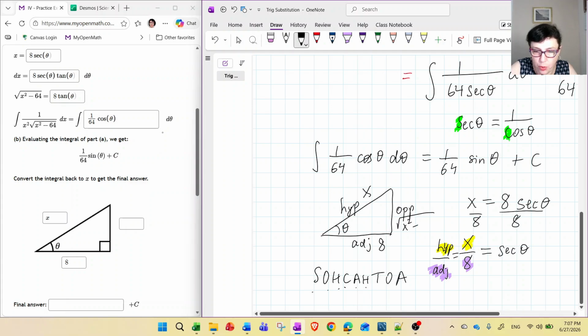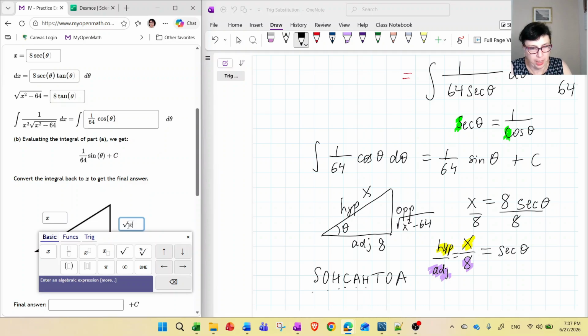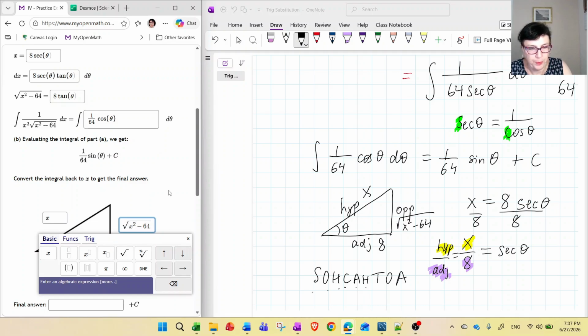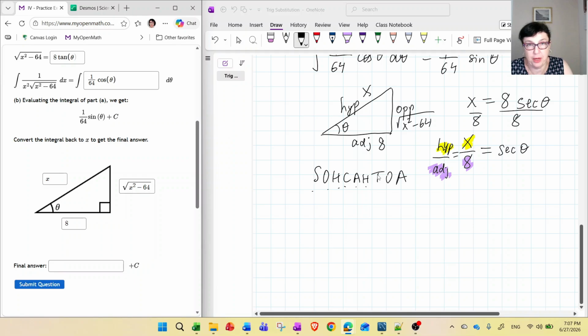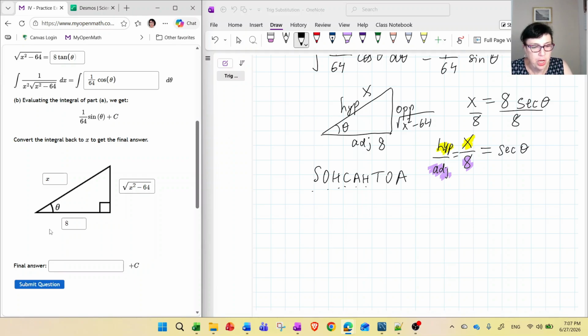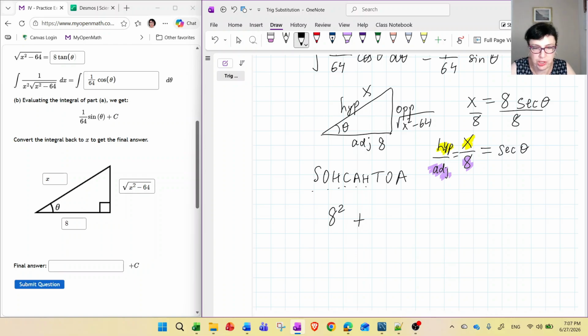Now, how do I know that this is correct? So I will put that square root of x squared minus 64. Well, you can verify this by using the Pythagorean identity, basically. So we know that the square of one short side, that would be 8 squared, plus the square of the other short side, but when you square root, that will go away, should be equal to the hypotenuse squared.